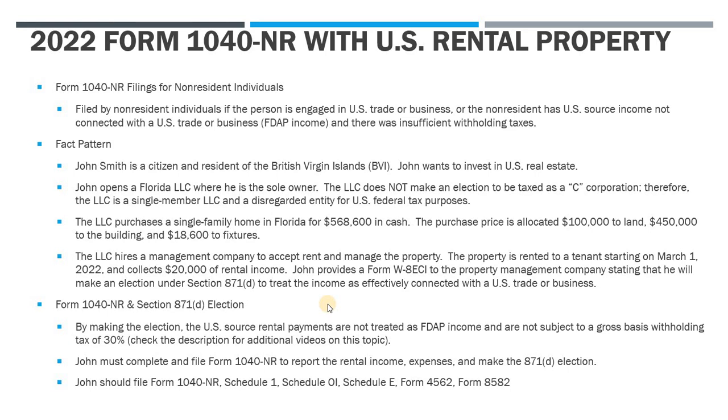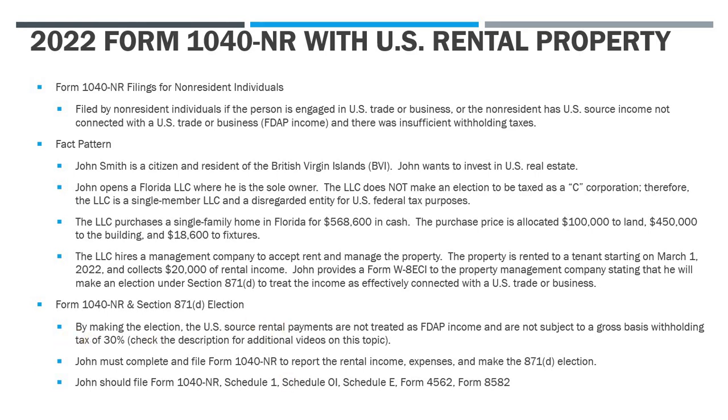And so if paid to a non-resident, they're subject to withholding tax, unless you make this 871D election, and then you can treat it as ECI. And so that's what we're going to be doing here on the 1040NR. And so John's going to be able to report the income, the expenses, and he's going to be subject to tax on a net basis and not a gross basis.